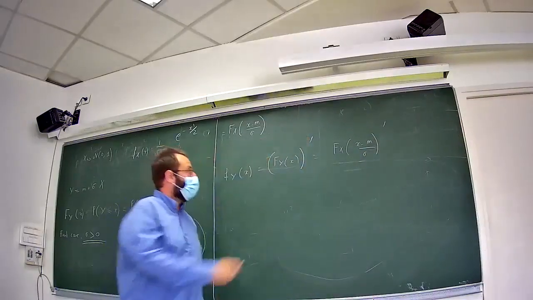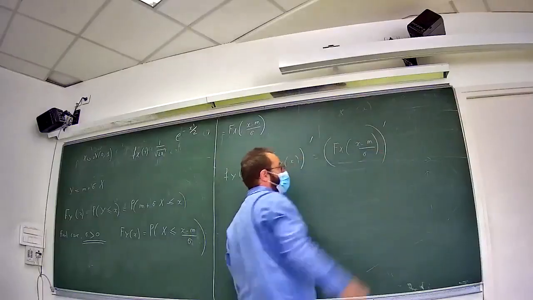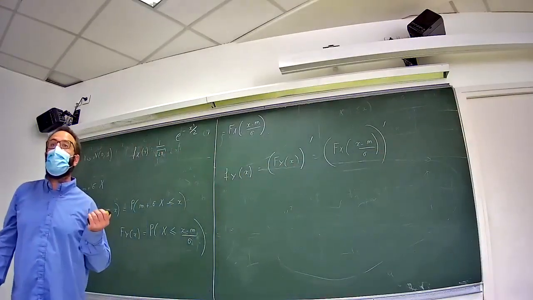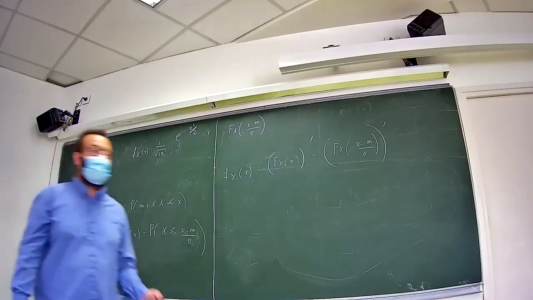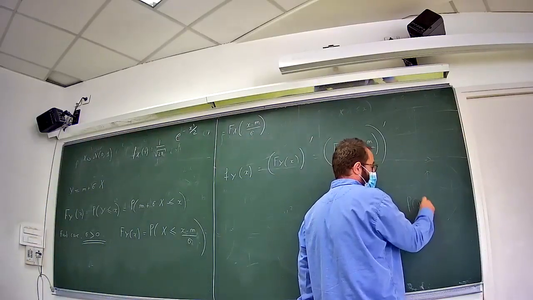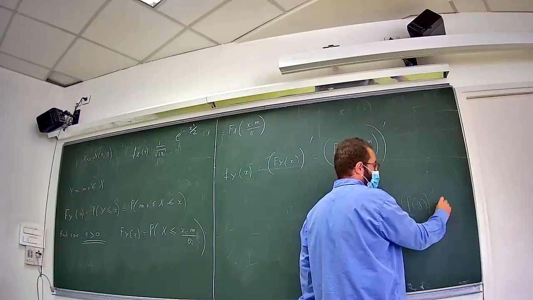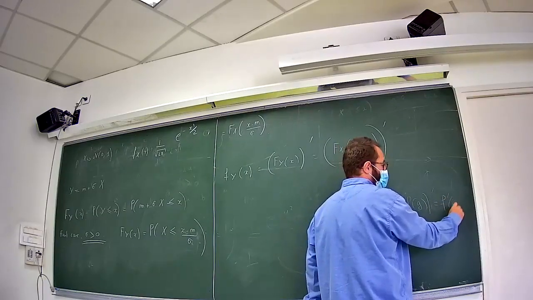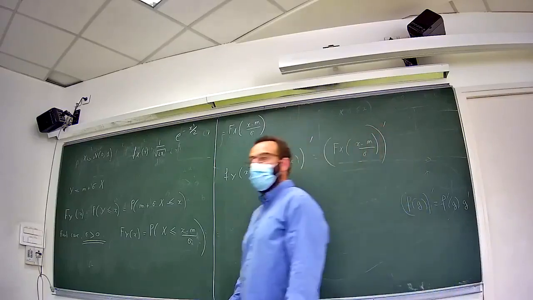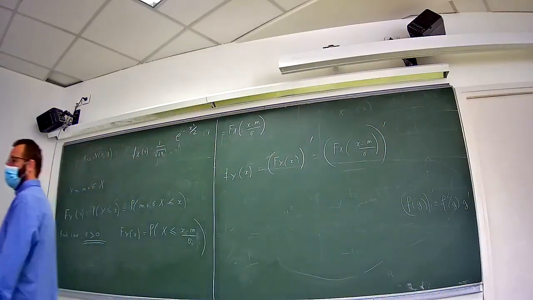It's the derivative of a compound mapping, and you know the formula: (f∘j)' is equal to f'∘j times j'. Classical formula for the derivative of a compound function.